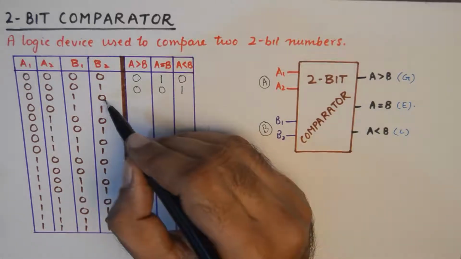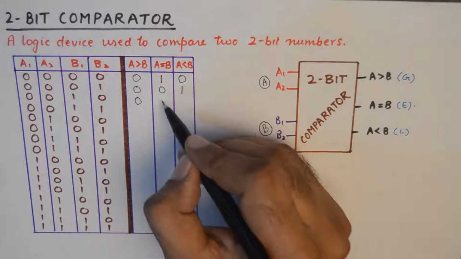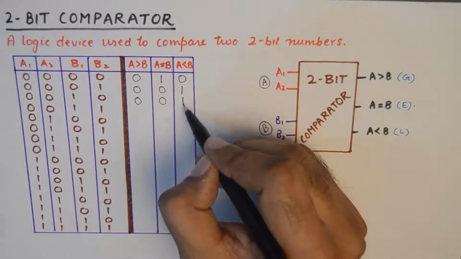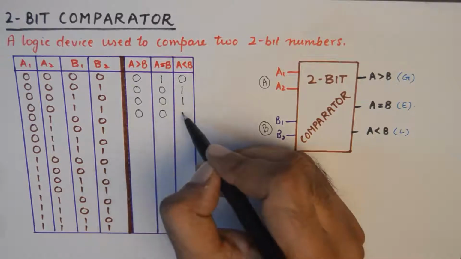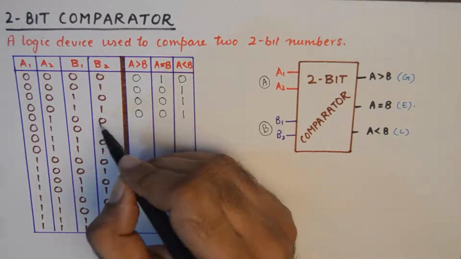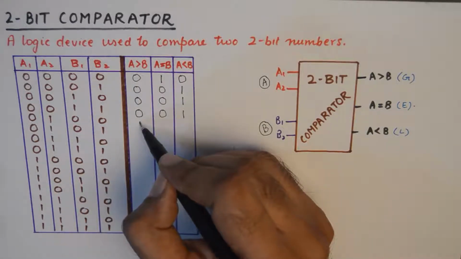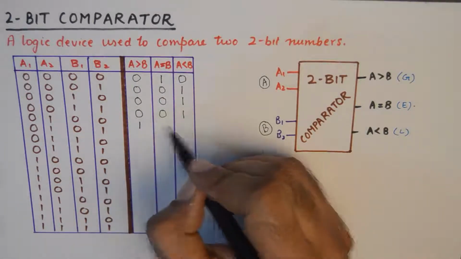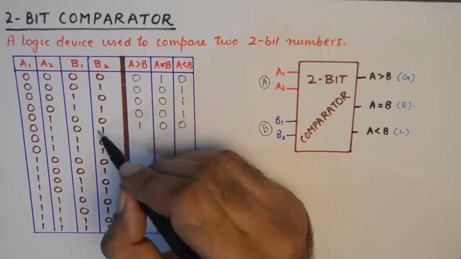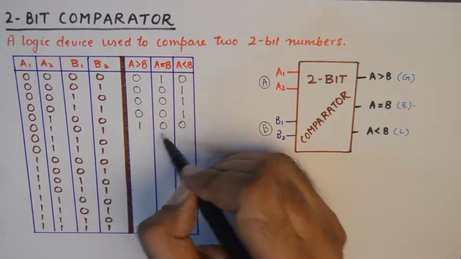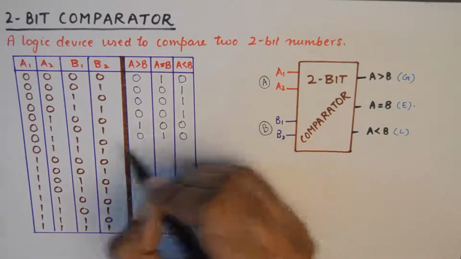And similarly in this third case, it is again a case of A being smaller than B. Fourth case is also A is smaller than B. Now the fifth case where A is 0 1 and B is 0 0, of course A is greater than B, so I put a 1 here and 0 0 here, and the subsequent case is A and B are equal.